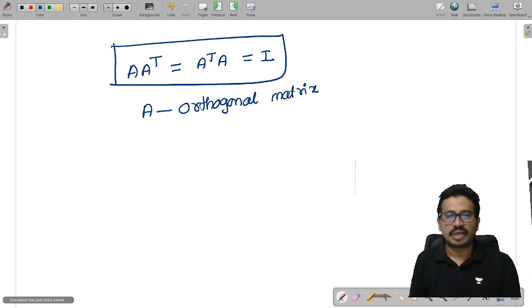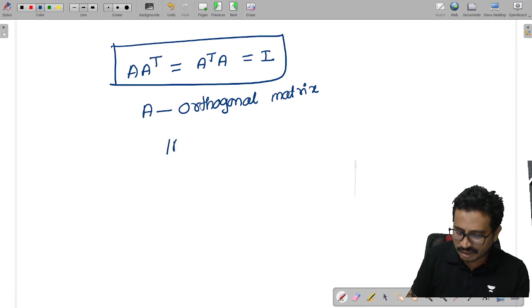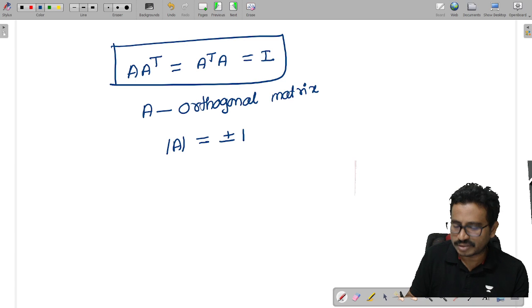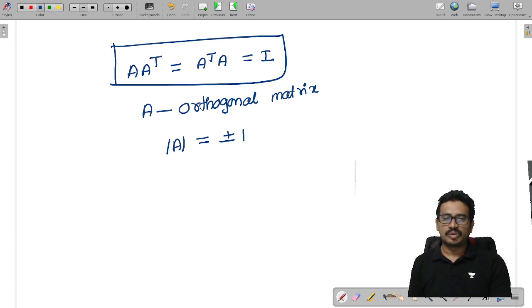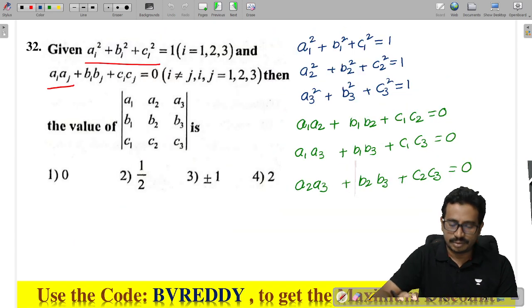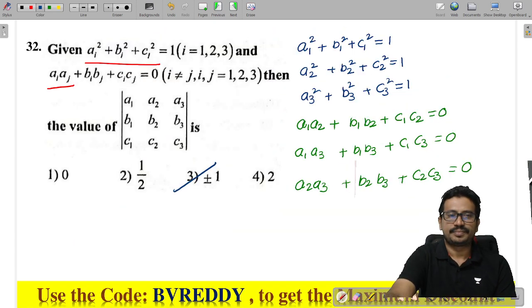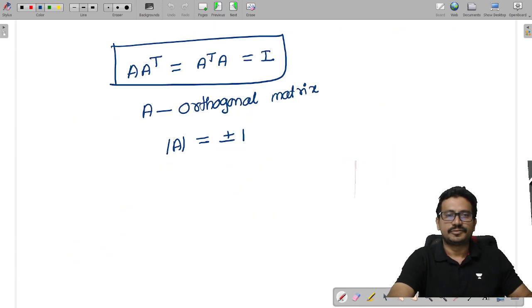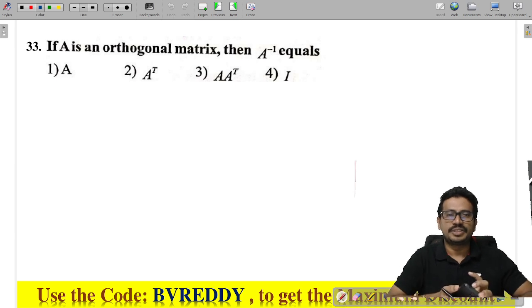If A is an orthogonal matrix, then the determinant of the matrix A is equal to plus or minus 1. Orthogonal matrix determinant is plus or minus 1. So, third option. Fine. I think you can easily answer this.